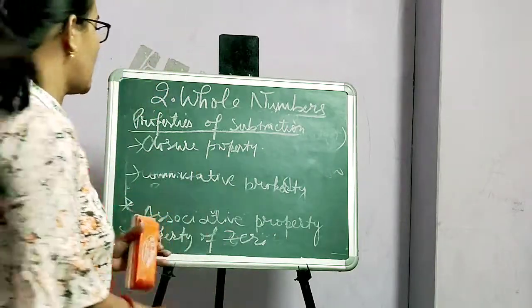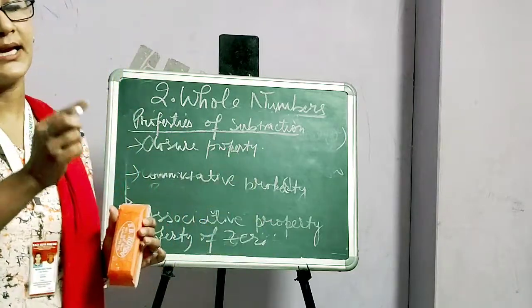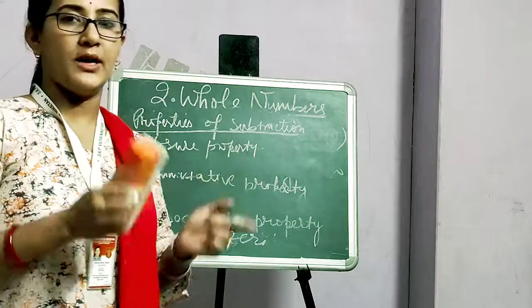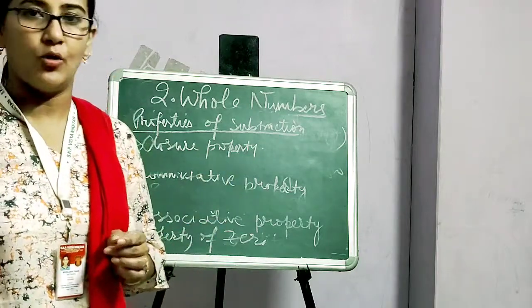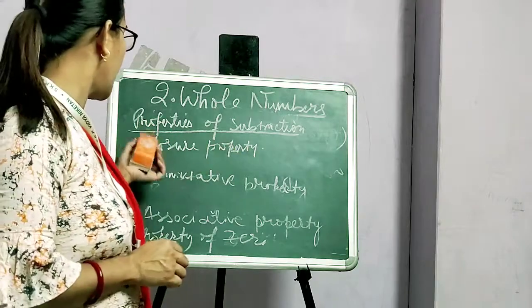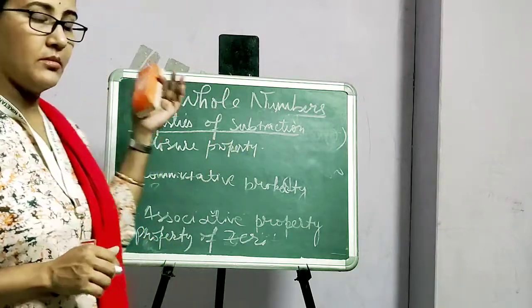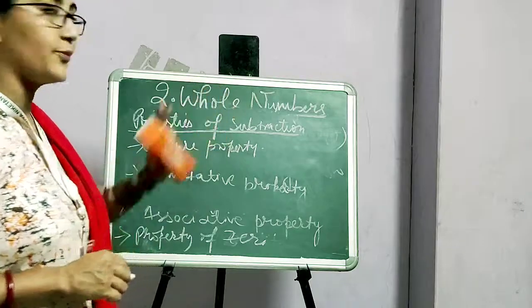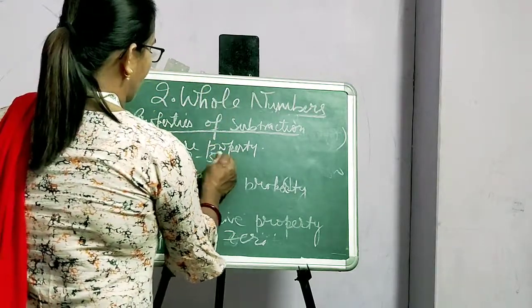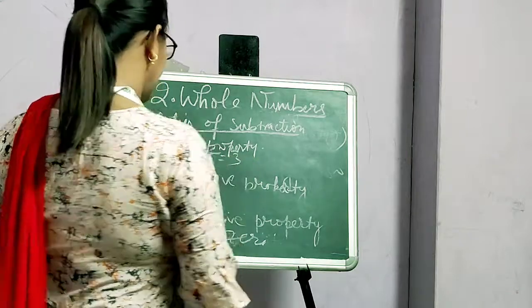Now see, in closure property, what I told in case of addition is that whenever we are adding two whole numbers, the answer will also be a whole number. Does it happen in case of subtraction or not? Suppose 8 minus 5, the answer is 3, isn't it?